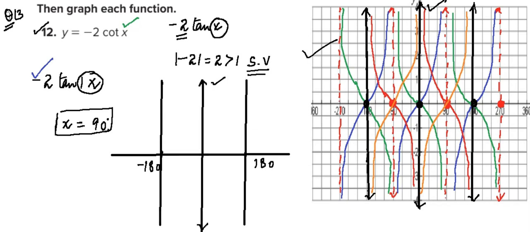You can see the orange graph, and this is the midpoint. So the orange graph will be like this. This is the graph of minus 2 cot x. In this I have drawn all the graphs, so separately, if I take only the orange one, it will be like this.